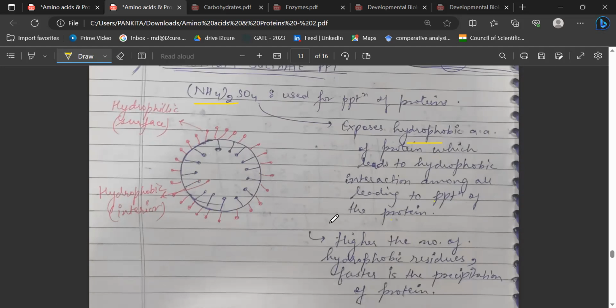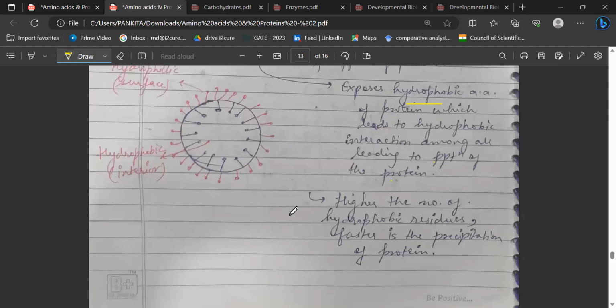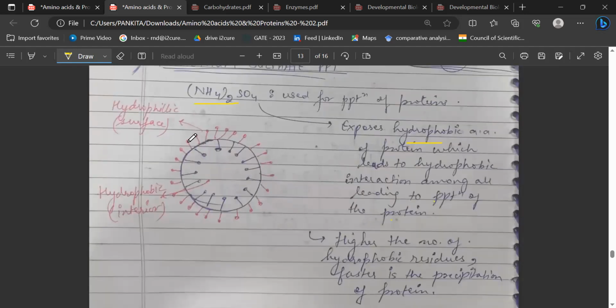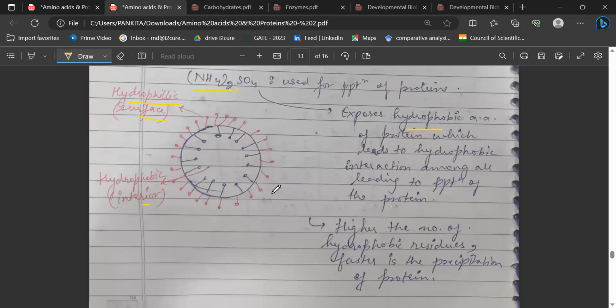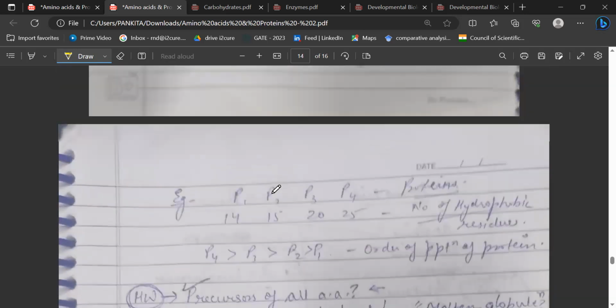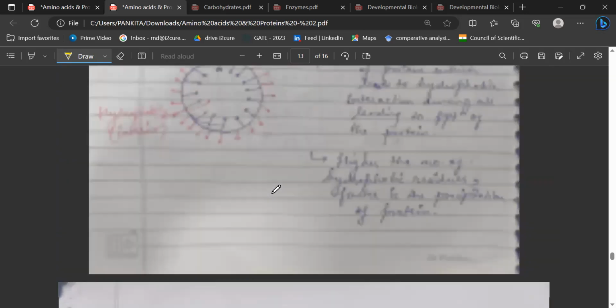So the higher the number of hydrophobic residues, the faster is the precipitation. As you can see in the diagram, the hydrophobic part is formed in the interior of this micellar structure, whereas the hydrophilic parts are on the outer side. Such structures are formed which precipitate after the action of ammonium sulfate.